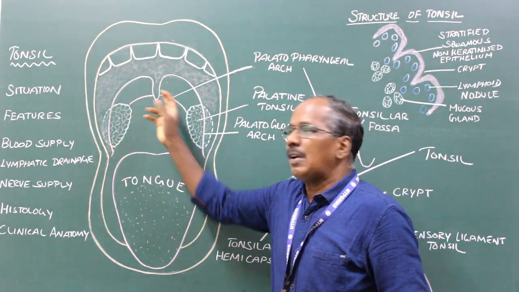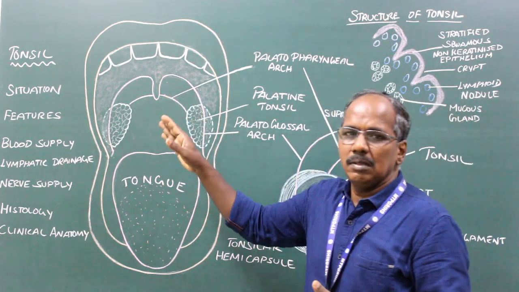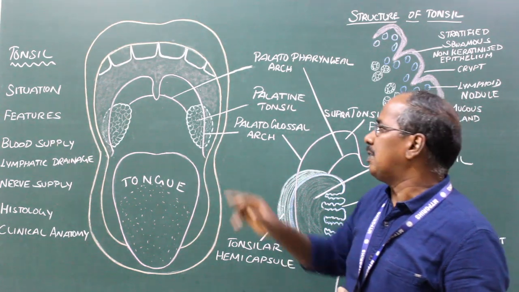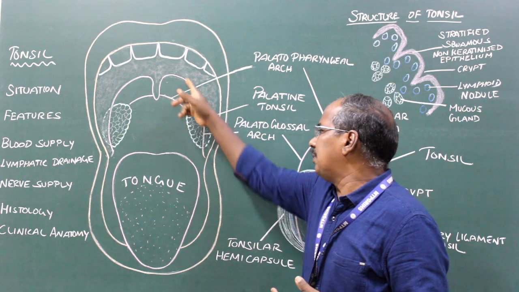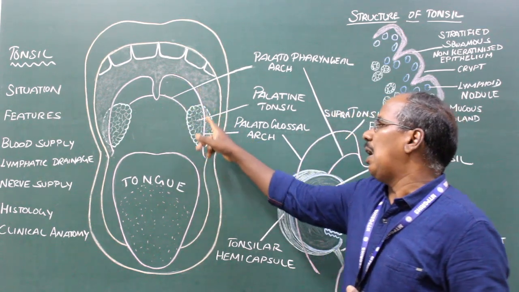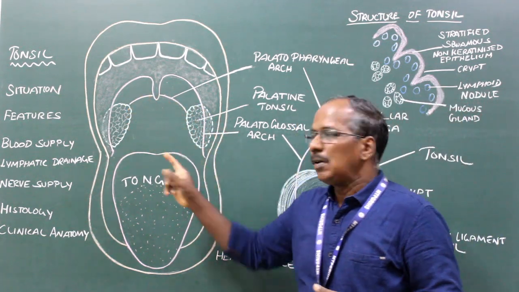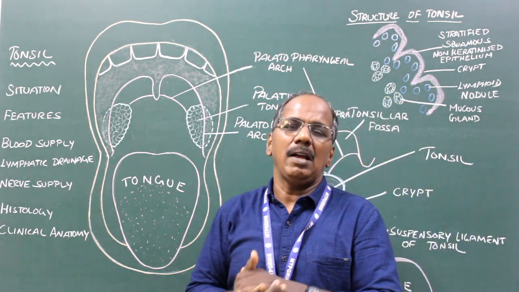arch and palatopharyngeal arch. So this is the oropharynx. There are two folds, that is arches, which extend from the soft palate. One is from the soft palate to the tongue, known as the palatoglossal arch, and one from the soft palate to the oropharynx, known as the palatopharyngeal arch.